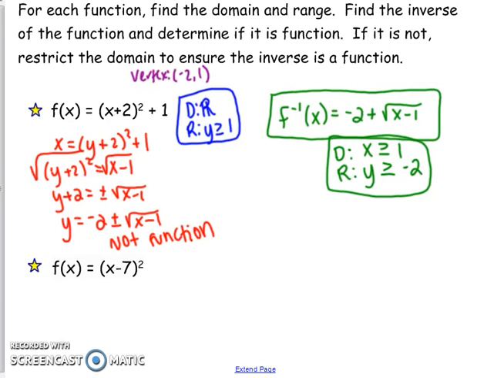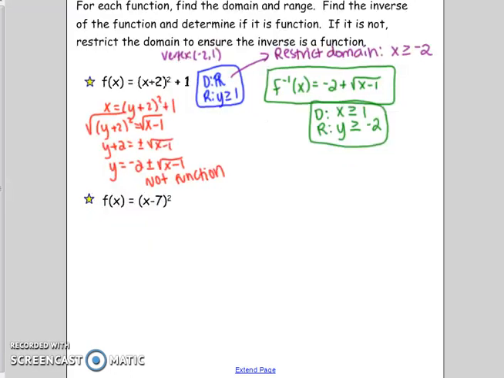So basically what we did here is we're restricting this domain. So this one here, instead of being all real numbers, we're going to restrict it. And it's going to be what the range is of the inverse. So it's going to be x greater than or equal to negative 2. So we're just restricting the domain.